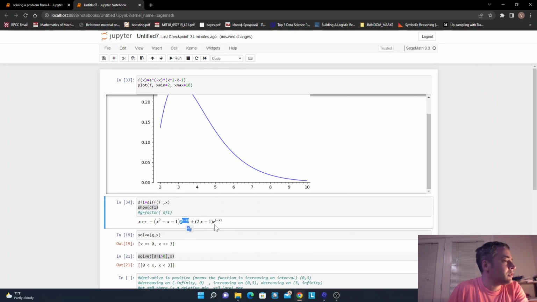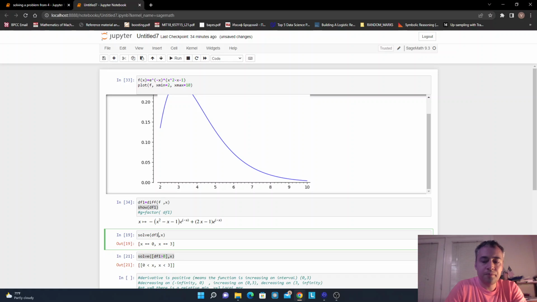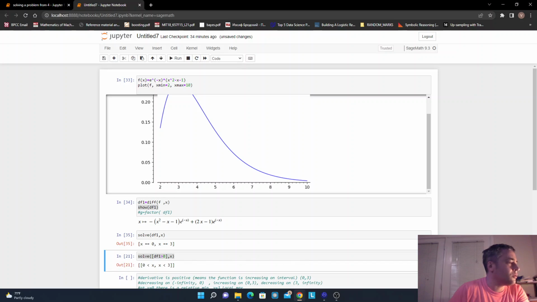Obviously, you can see here that e to the power minus x can be factored out, and the polynomial part can be simplified. If I just try to solve df1 equals 0, I don't need to say equal to 0, it will work as is. It might not solve it. Oh well, it did solve.